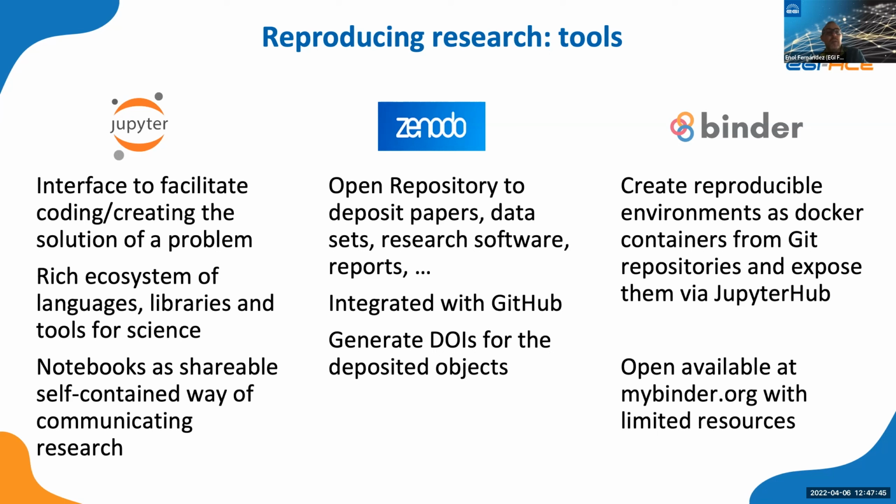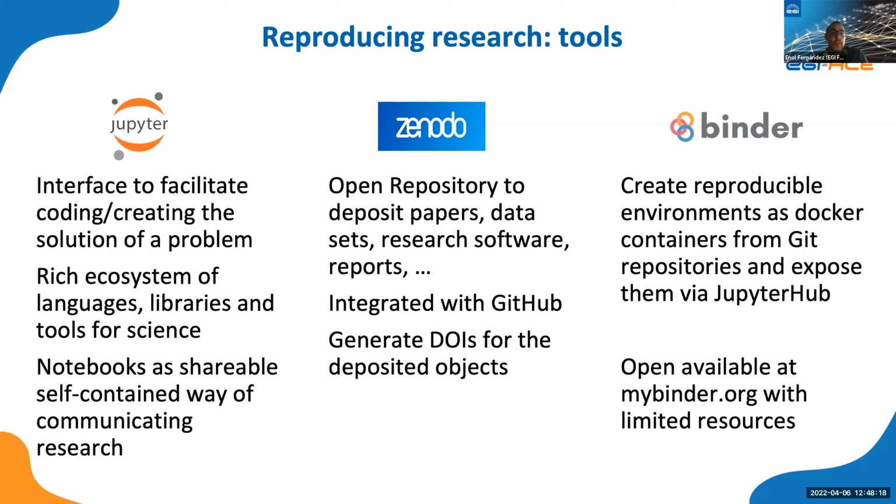And the third part is Binder. I'm also quite sure that lots of people know about Binder, which is an open instance of software that is available to create reproducible environments as Docker containers. Basically, Binder takes a Git repository from GitHub, for example, builds a Docker container from it that is always the same for a given Git commit, and runs it and makes it available through JupyterHub to the user.